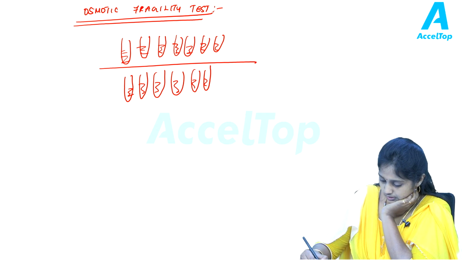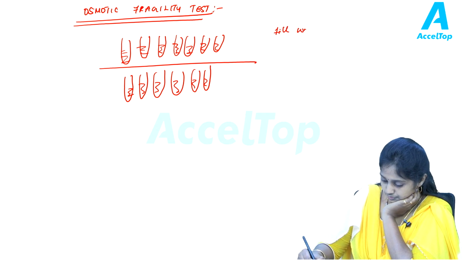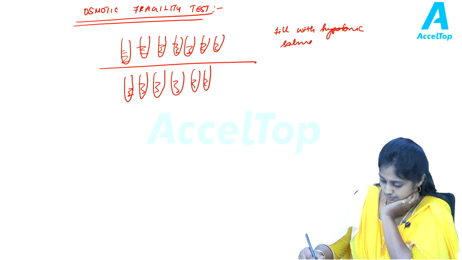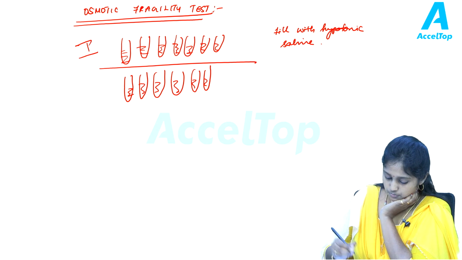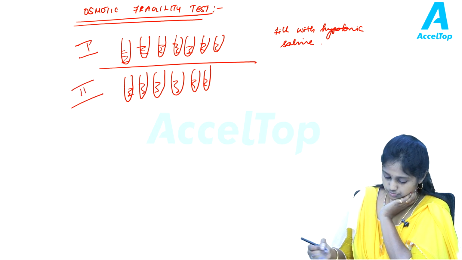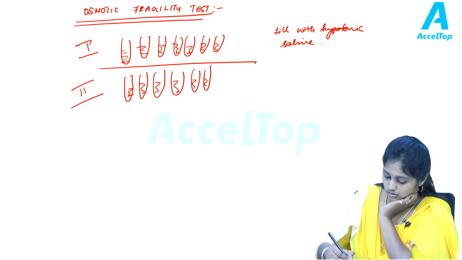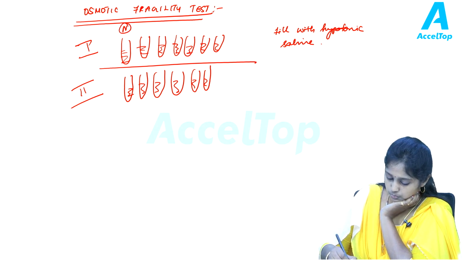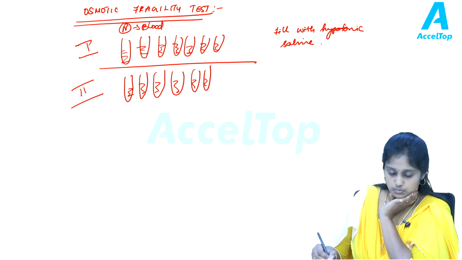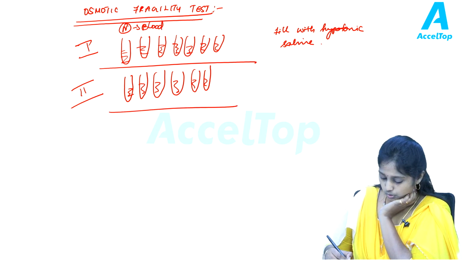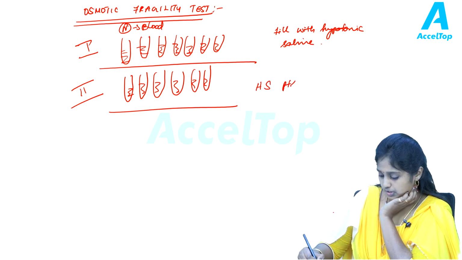We have to take two series of test tubes. In the first series of test tubes, we should add a drop of normal person's blood to each of the test tubes. In the second series, we have to add a drop of blood from hereditary spherocytosis patients.